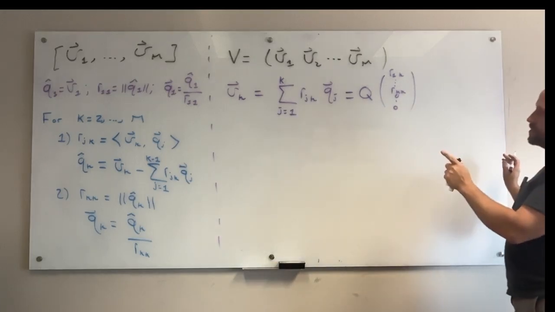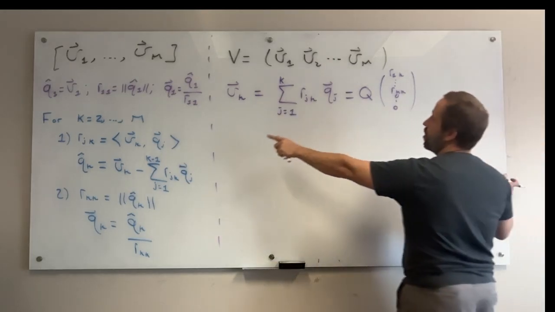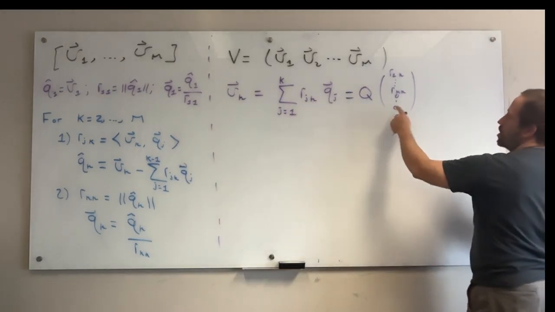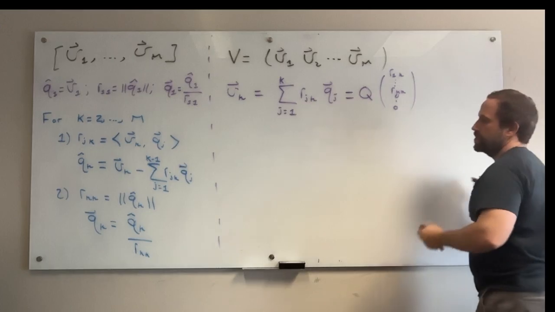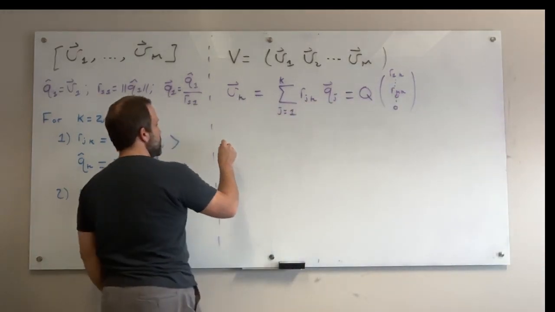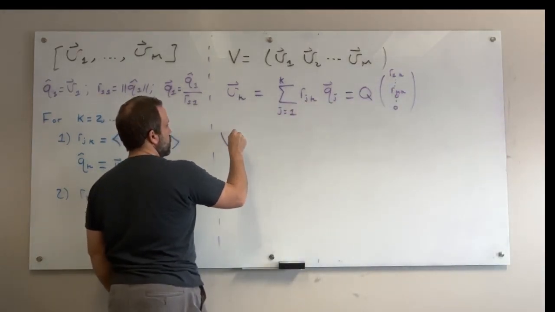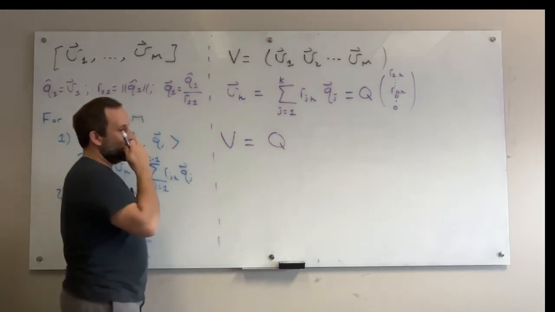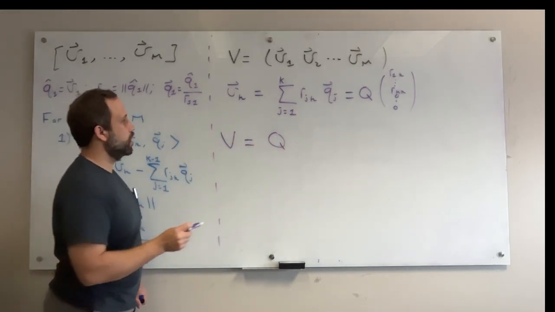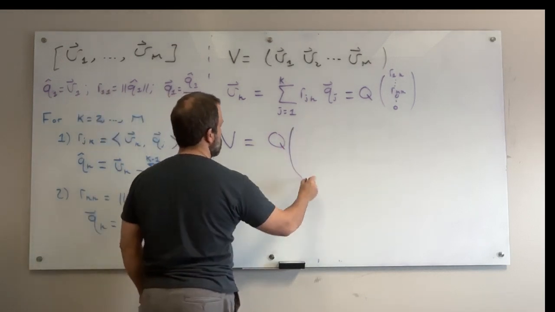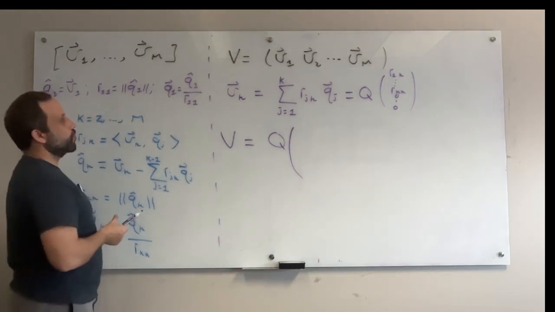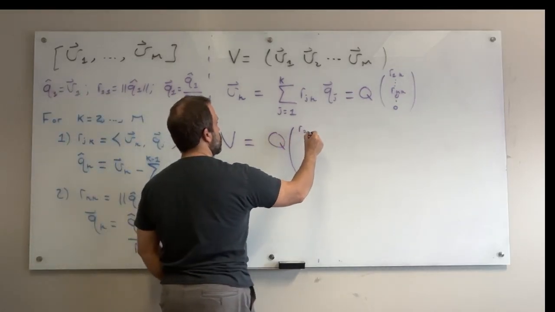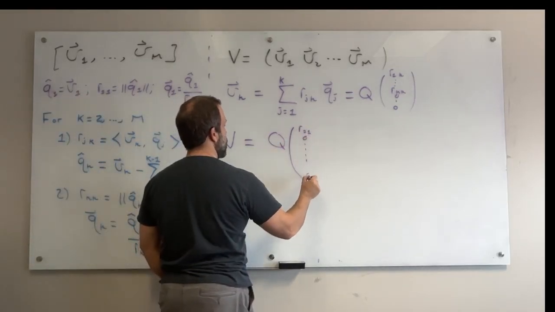But notice, this says that the kth column of V is equal to Q times this vector right here. So then I can say V is going to be equal to Q times a certain matrix. What is the matrix? Well, for k equals 1, it's just going to be r1,1 and zeros everywhere else.